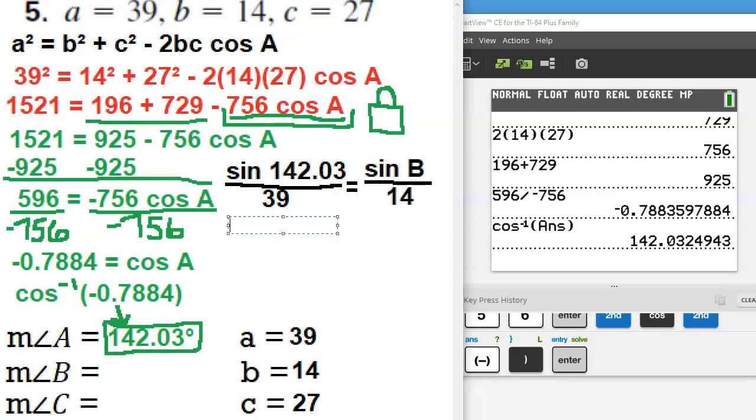Cross multiply like we normally do, and we're going to get 14 times the sine of 142.03 equals, boy, I am going to run out of room here, that's all right.